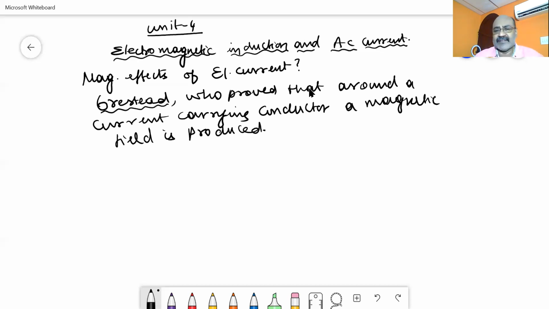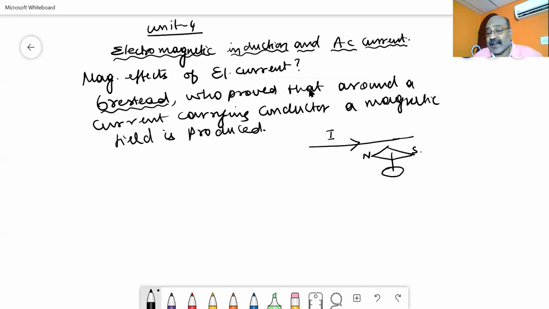If you have a wire or a conductor, and through this conductor you supply a current of I amperes, around it a magnetic field is produced. How do you know? What Oersted did was, nearer to this current carrying conductor, he placed a magnetic needle, having a north pole and a south pole.